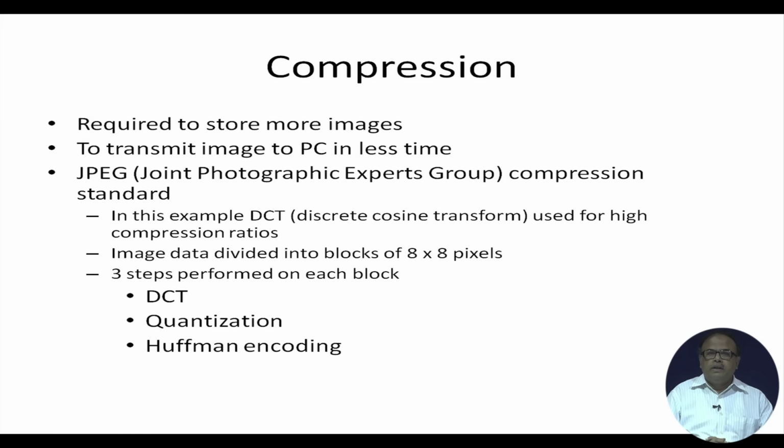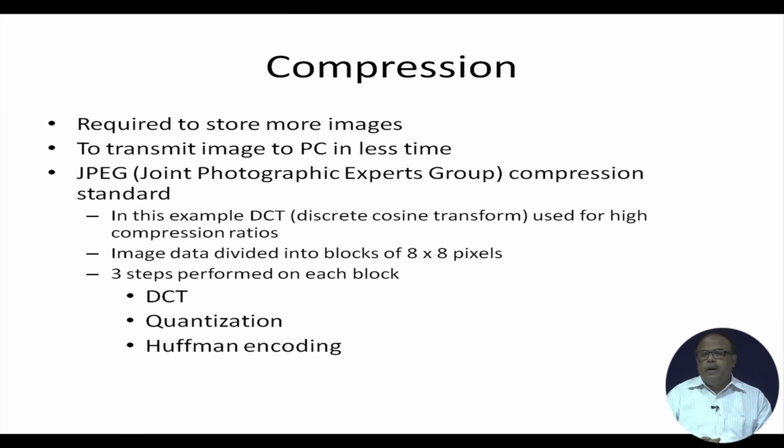You know that JPEG stands for Joint Photographic Experts Group. There are different modes that JPEG allows, but in this example, we are concentrating on a particular type of compression, that is the discrete cosine transform. We will carry out the discrete cosine transform because that gives us a high compression ratio.